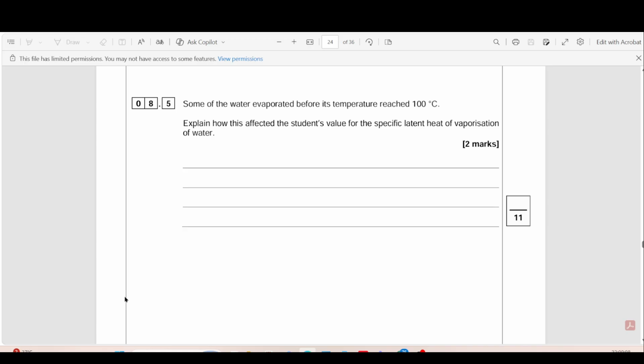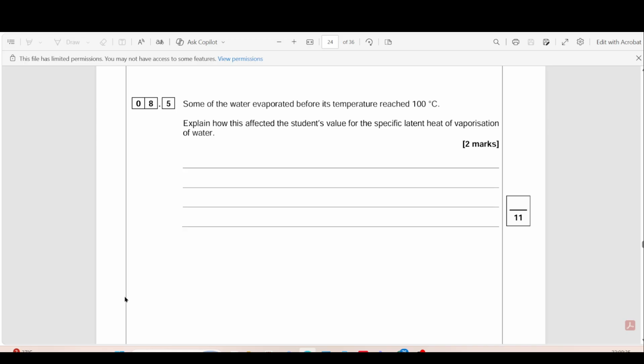It decreased it. Because if water evaporates before the measurement of latent heat begins, due to natural evaporation rather than the heater, it will affect the mass reading.